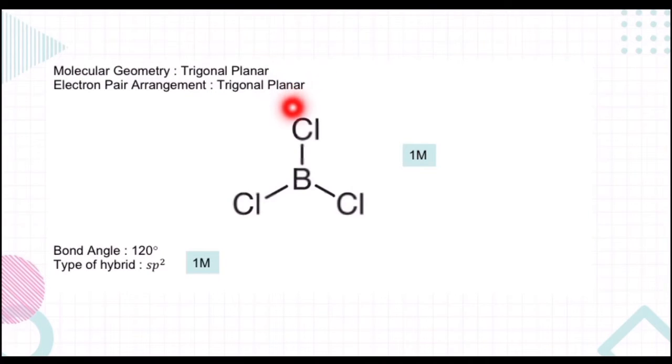So the name for this molecule is trigonal planar. The electron pair arrangement is also trigonal planar. The bond angle between the molecule here is 120 degree. Next, the type of hybrid is sp2. So 1 mark will be given for the drawing and the name, and another mark for the type of hybrid.